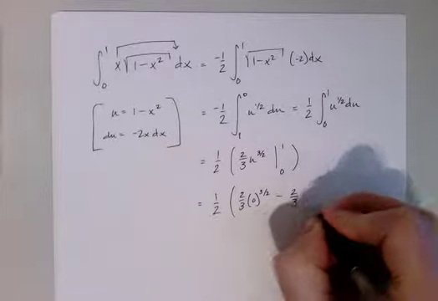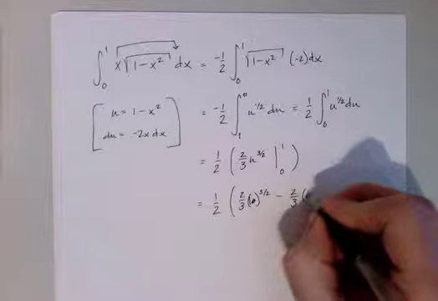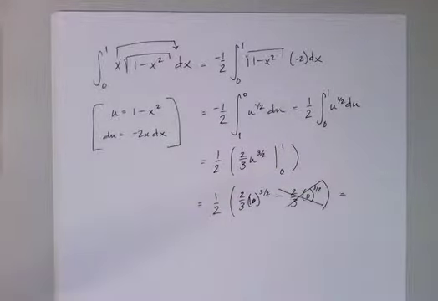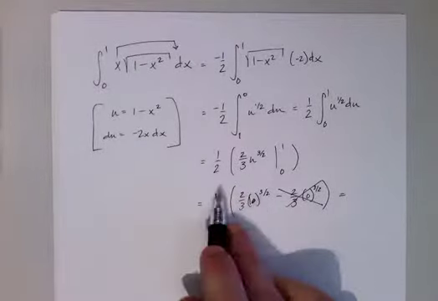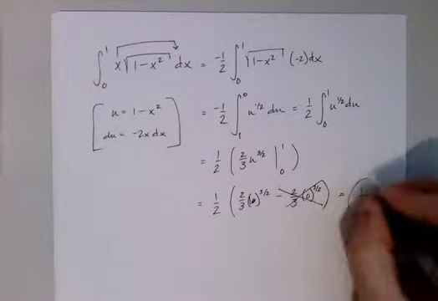Sorry, that should be 1 to the 3/2 minus 0 to the 3/2. Okay, 0 to the 3/2 is obviously 0, 1 to the 3/2 is obviously 1, so it's 1/2 times 2/3, or 1/3.